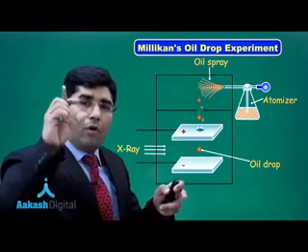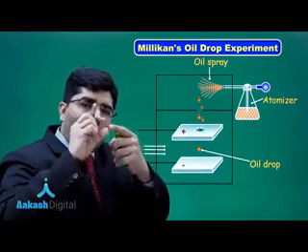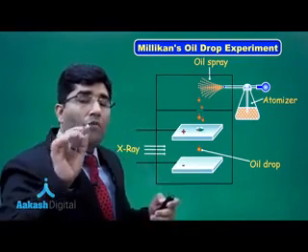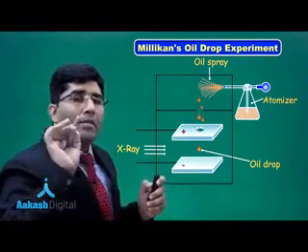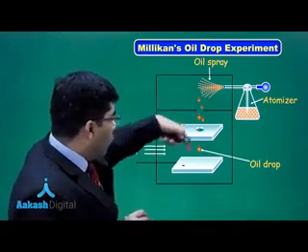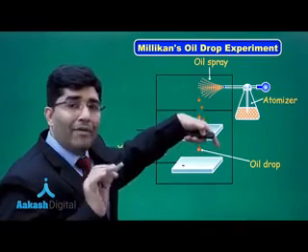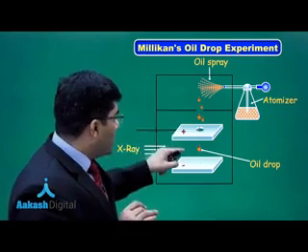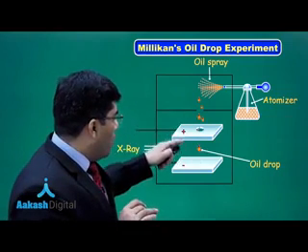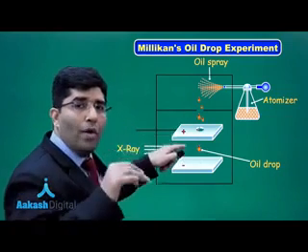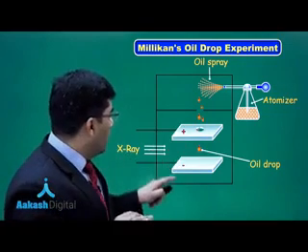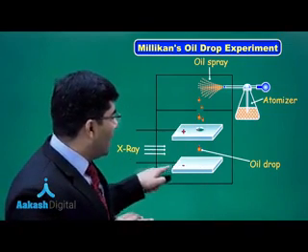And if there are electrons on an oil drop, the oil drop will become negatively charged. Since it was moving downwards due to the force of gravity, this oil drop will become slower in its movement. Why? Because it will be repelled by this negative plate.